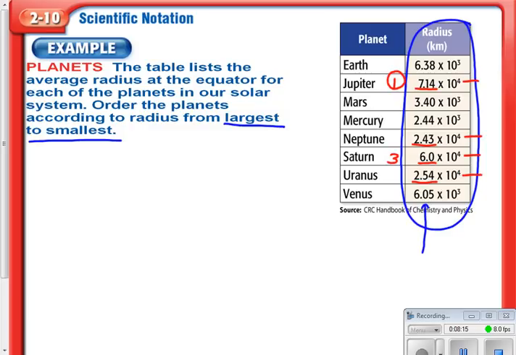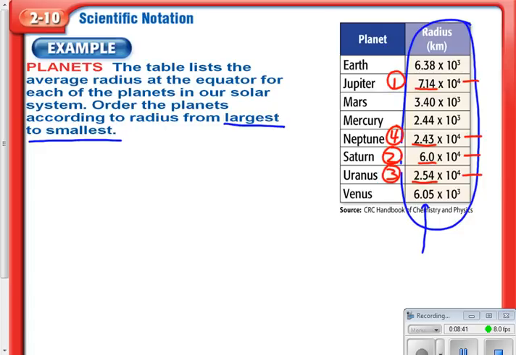Saturn would be next, which would be 2, not 3. Next in line, 2. And then our other 2 planets, we have 2.54 and 2.43. 2.54 is larger, so that would be 3rd. Neptune would be 4th. Now we've compared all of our powers there, 10 to the 4th power.